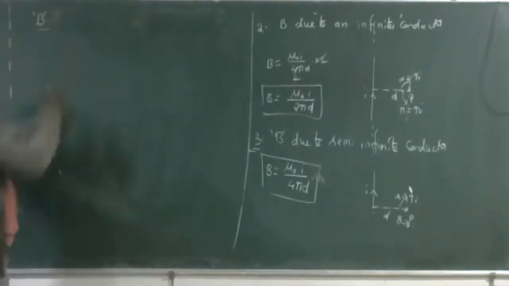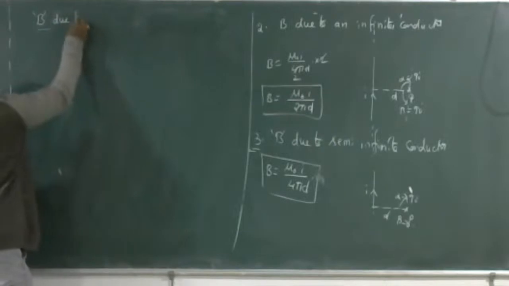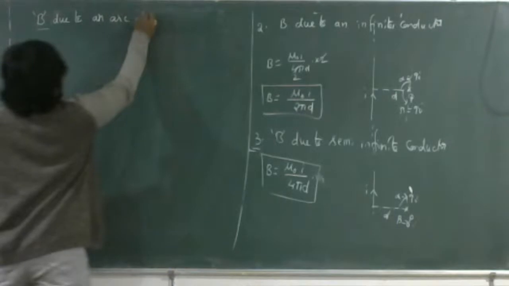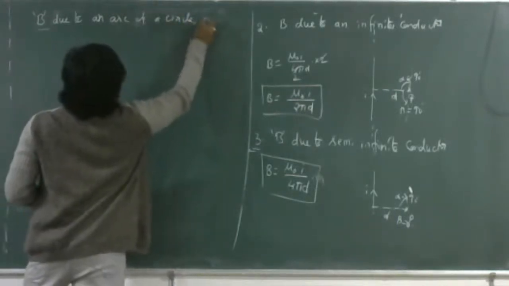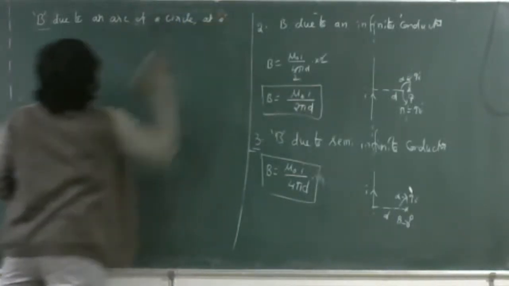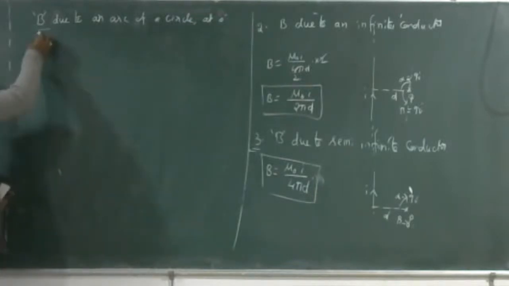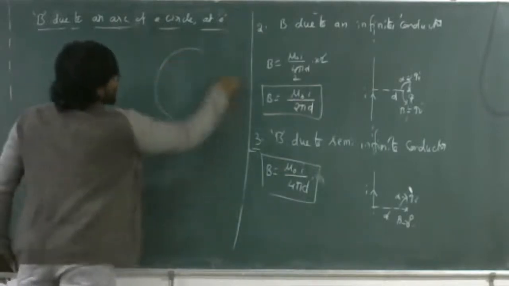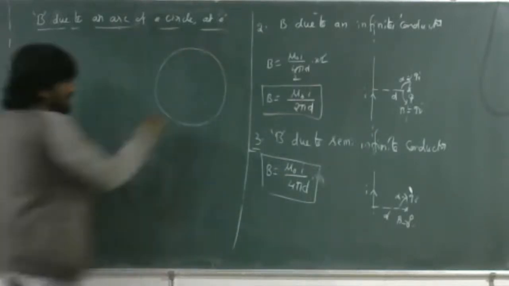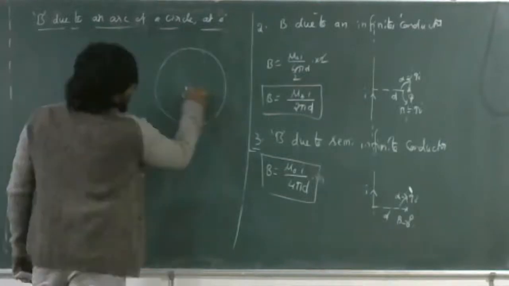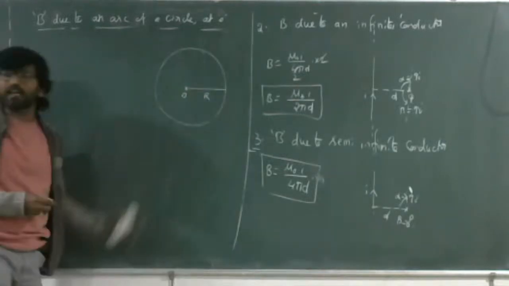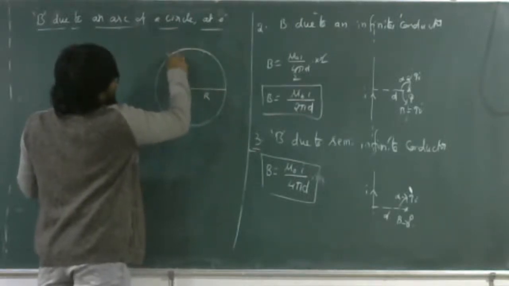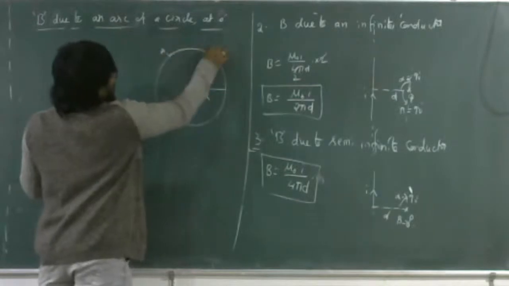Magnetic field B due to an arc of a circle at O. Let us consider there is a circle of center O, and this is radius R, and in this we are considering only one particular arc, arc AB.